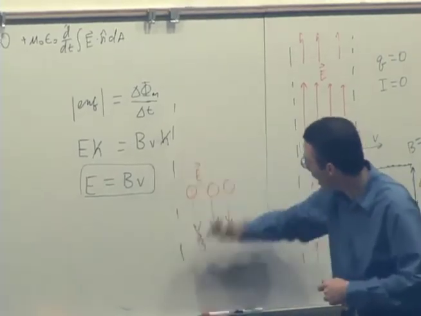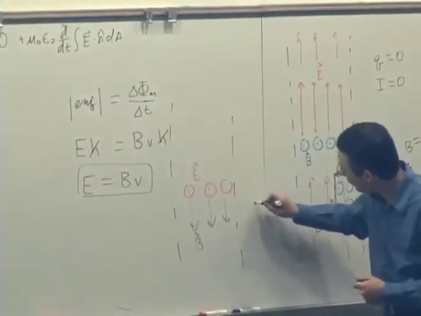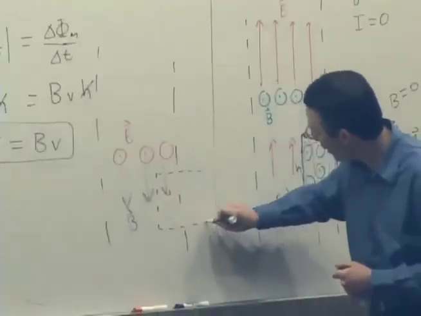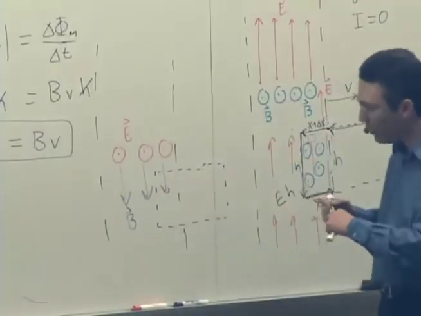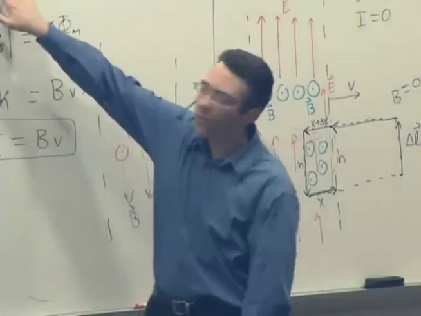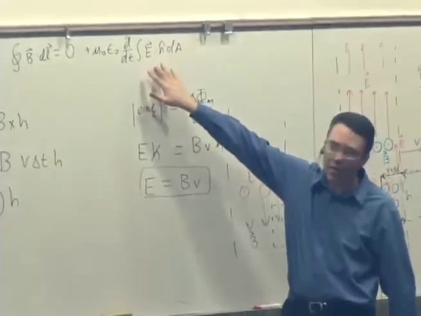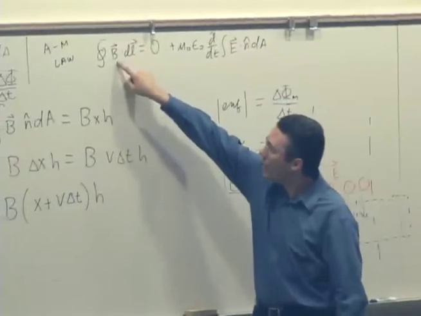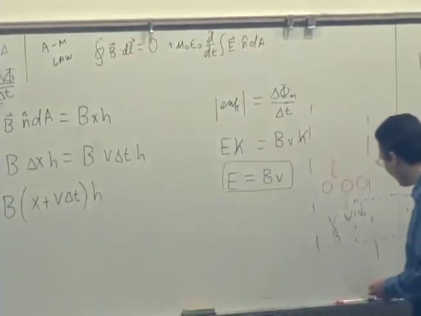Okay, here's our slab again. I can go through the exact same reasoning using a loop oriented like that. Now I'm looking at the electric flux on this side and how it's changing, how it's related to the path integral of the magnetic field around the loop.